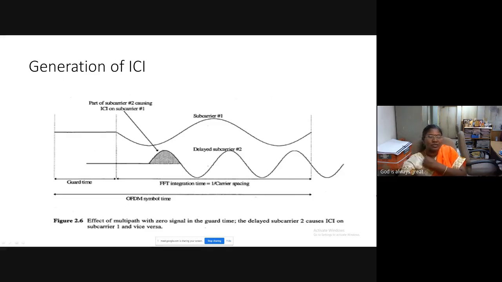So as a result, within one OFDM symbol, there is no signal, because in order to give some gap between one symbol and the next symbol, that is your guard time, the signal is not there. Therefore, the concept of maintaining integer multiples of cycles within one OFDM time interval has been destroyed.